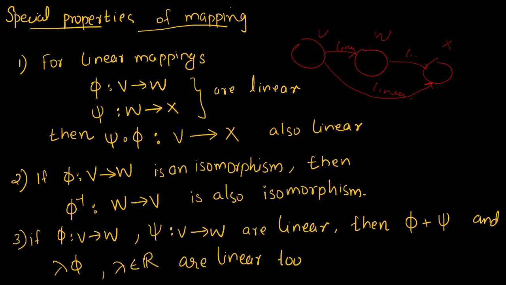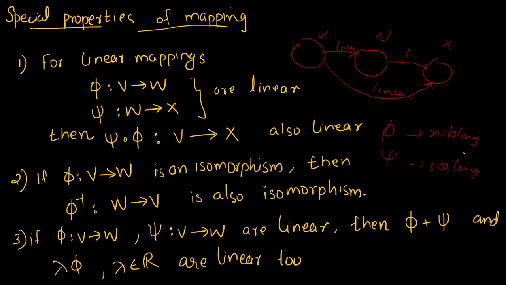Third one: if phi from V to W and psi from V to W are linear, then phi plus psi and lambda phi, where lambda belongs to R, are linear too. So the transformations can be taken like this. Suppose the mapping phi is related to rotation, we are rotating our vectors. Then suppose psi is scaling our vectors.